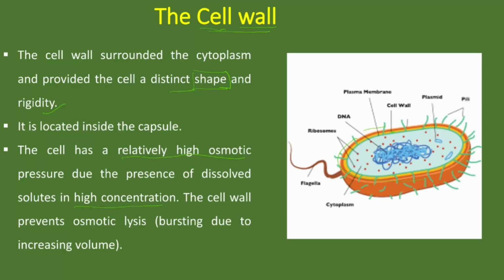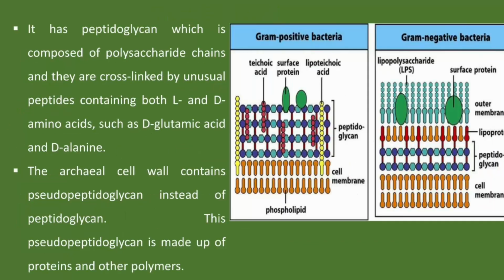Compared to the surroundings, it has high osmotic pressure because many solutes in high concentration are dissolved. The cell wall prevents osmotic lysis, bursting due to increased volume, because it has a rigid structure. So it helps in preventing bursting due to increased volume or pressure.